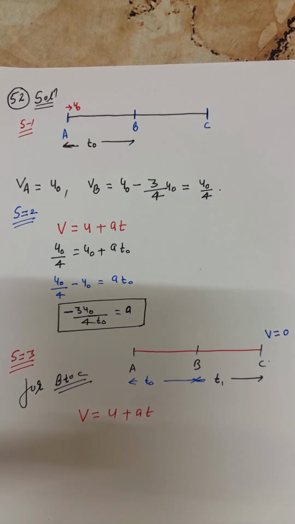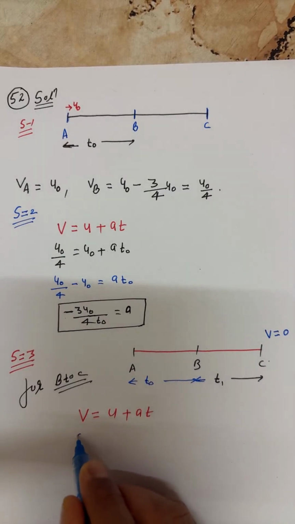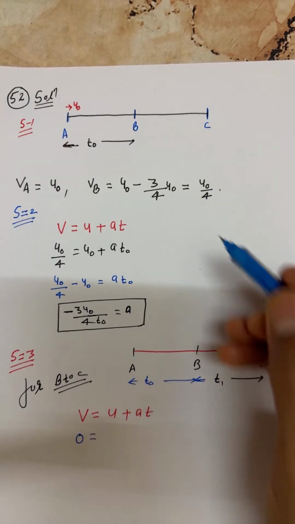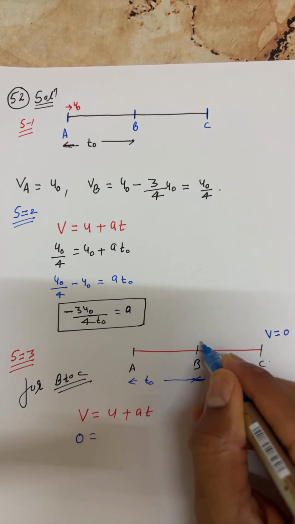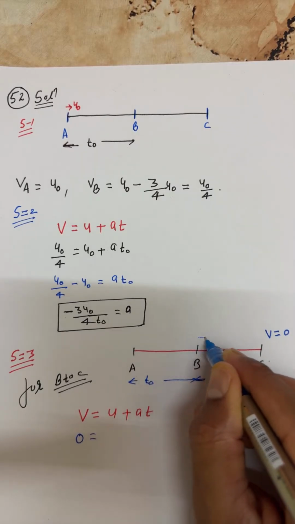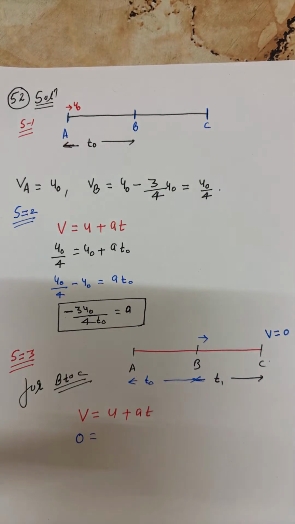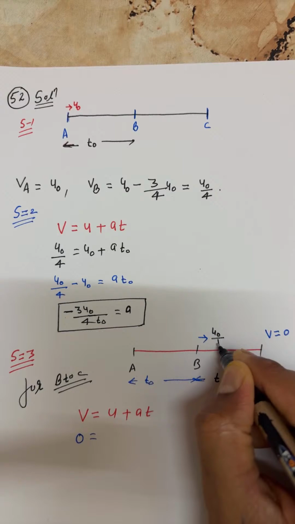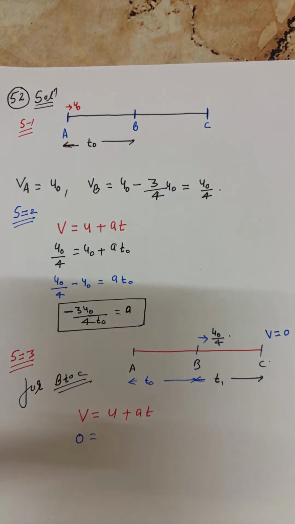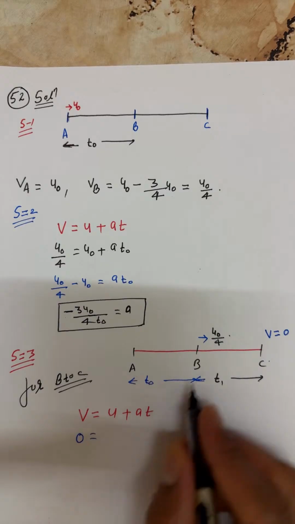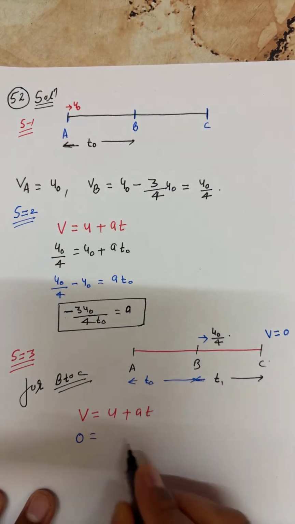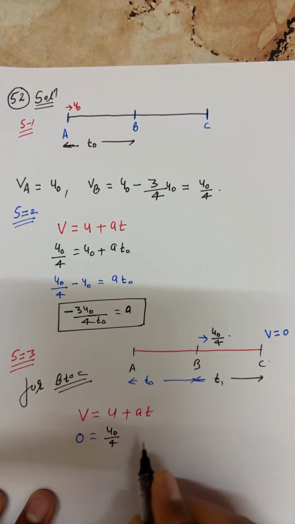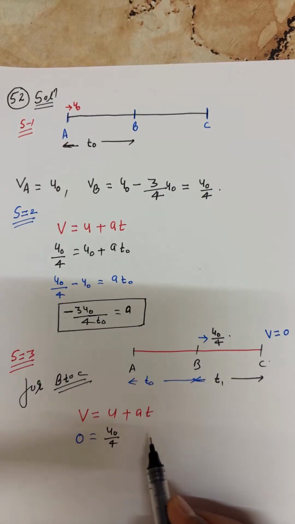At point B, we already found the velocity towards the right, which is equal to u naught by 4. So this is zero here, this is u naught by 4, and acceleration is already found in step number 2.